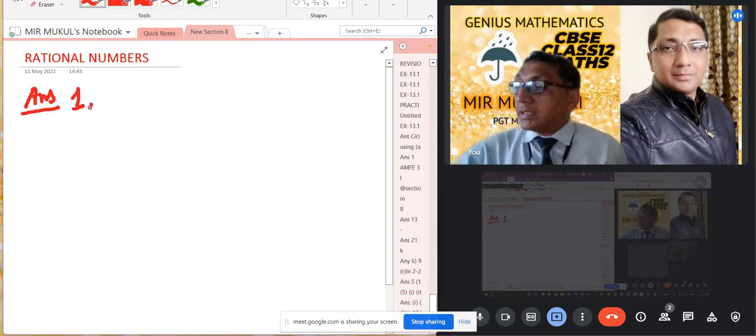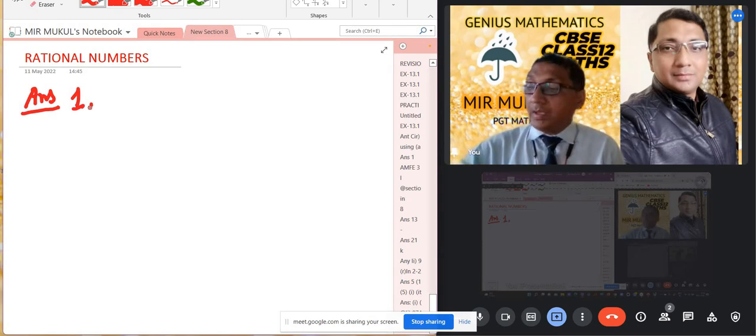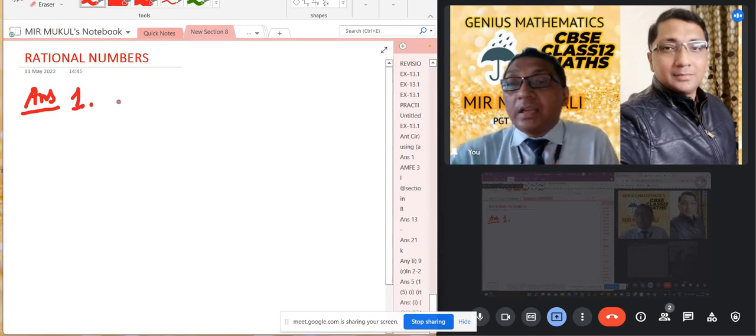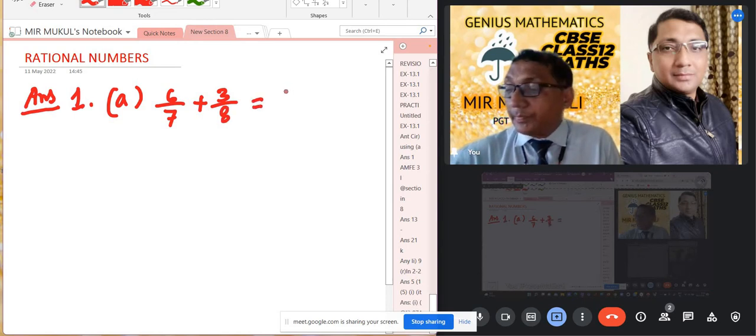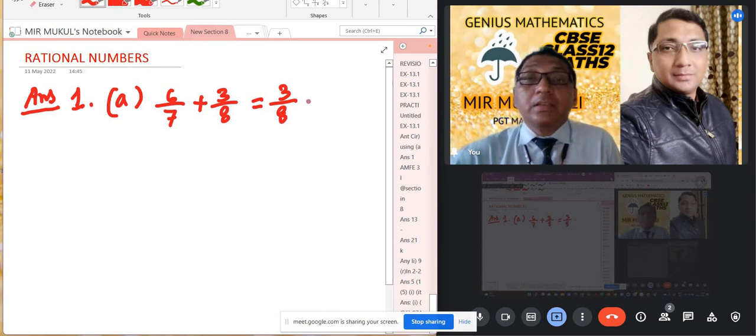Name the properties illustrated in the following statement. That means, what is the name of this property? So A is 6 by 7 plus 3 by 8 equals 3 by 8 plus 6 by 7.